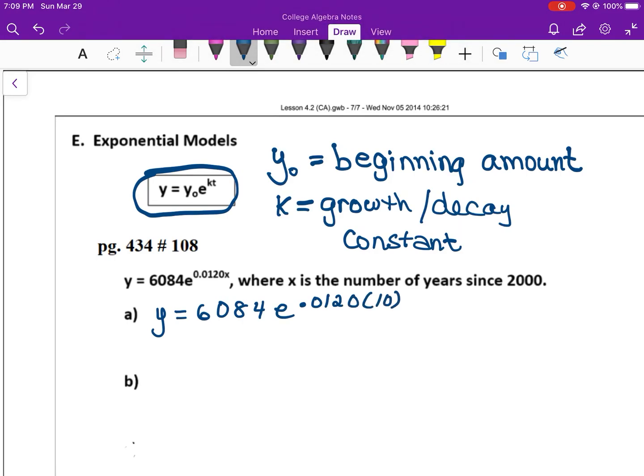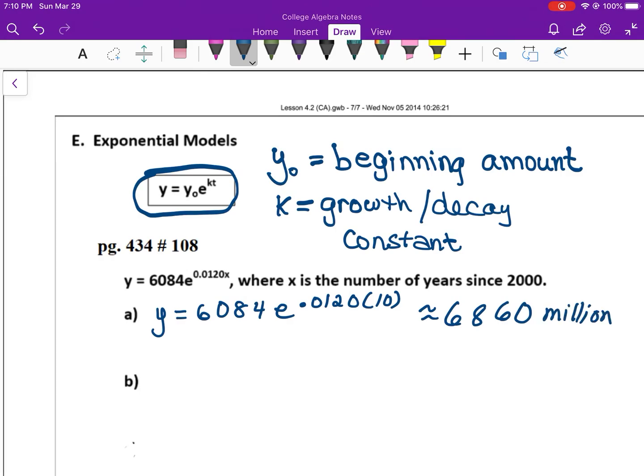So we want to know how true this model is 10 years down the road. So we're going to put that into our calculator, and we get about 6860 million people.